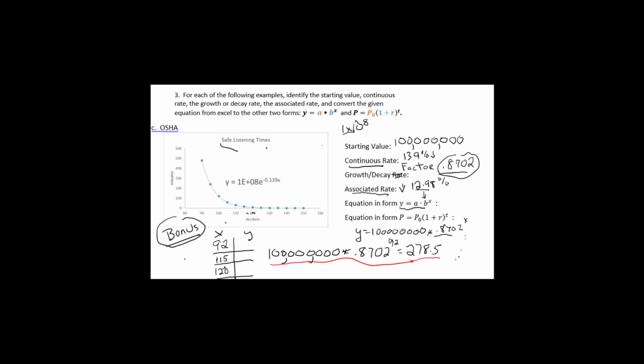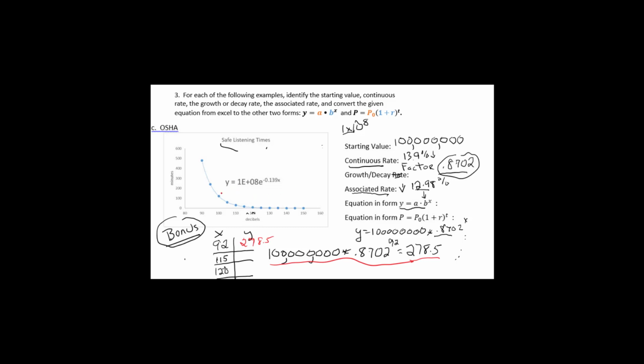Now this will knock you out. This is going to be 278.5. What does it mean? Give me a sentence involving 92 and 278.5.